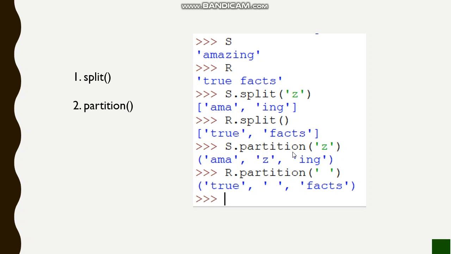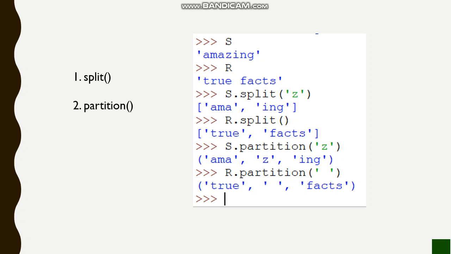The second function, partition of Z, will divide the string into three parts. In the split function, the string is divided into two parts; it did not consider the substring, it just deleted the substring. But in partition, the substring will be part of the answer, and the answer is in the form of a tuple, not a list.